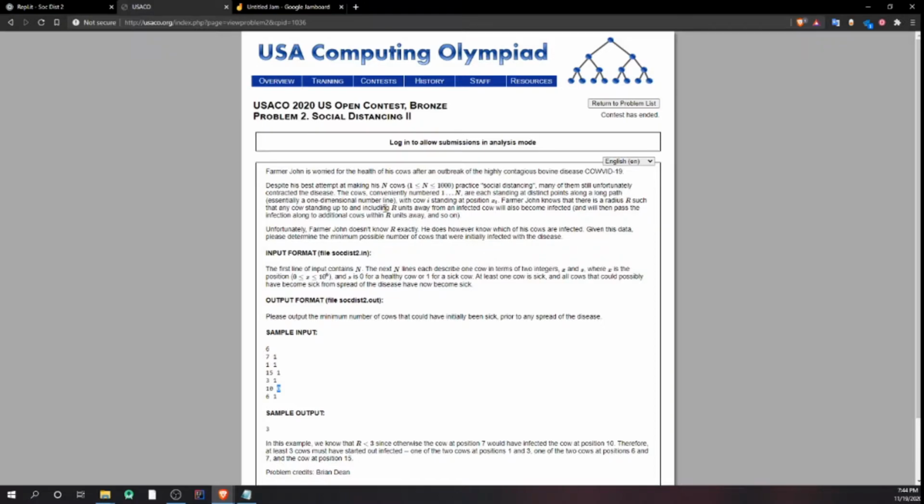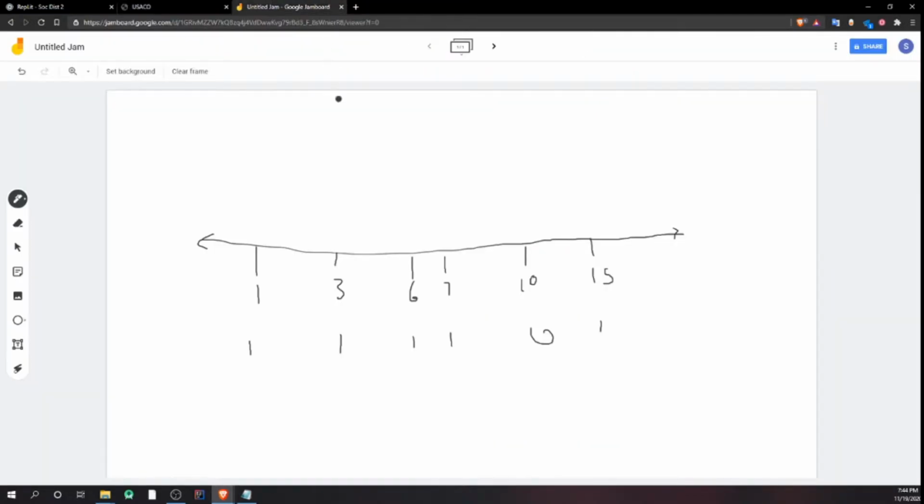Notice how they mention that there is a radius R in which any cow standing up to and including R units away will become infected. In order to find the radius, I would say we need to find the minimum distance between a healthy cow and a sick cow.